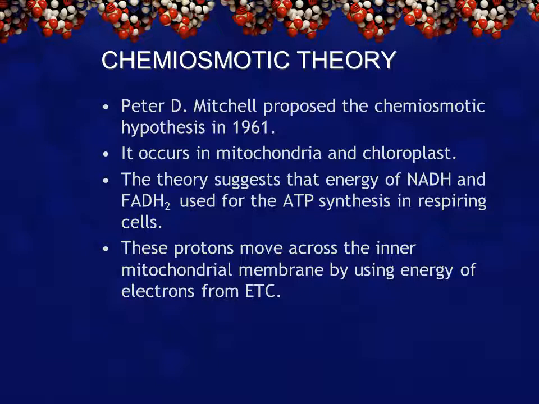This theory suggests that the energy of NADH and FADH2 is used for ATP synthesis in the respiring cell. These protons move across the inner mitochondrial membrane by using the energy of electrons from the electron transport chain.